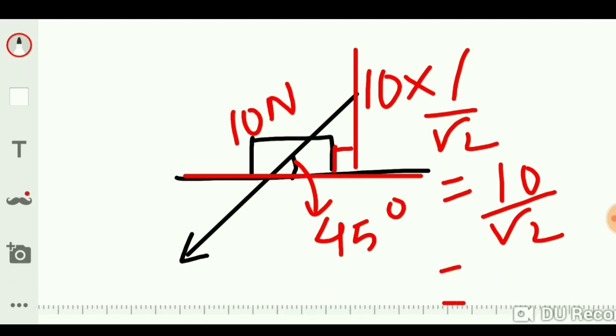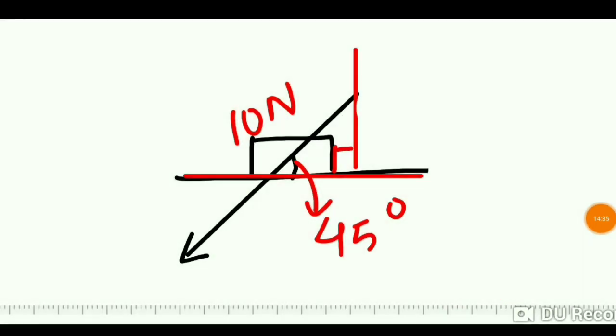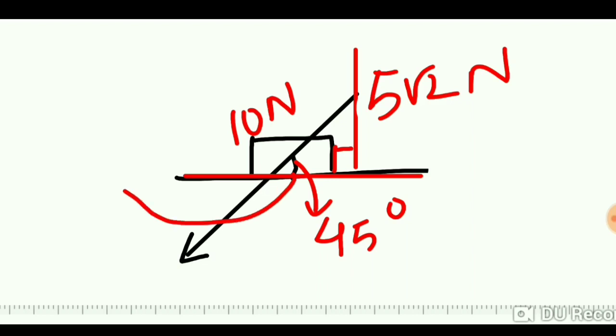It's going to be 5 root 2. So this vector is 5 root 2 Newton, and this is 10 cos theta. Cos 45 is 1 by root 2, so this component is also going to be 5 root 2 Newton.